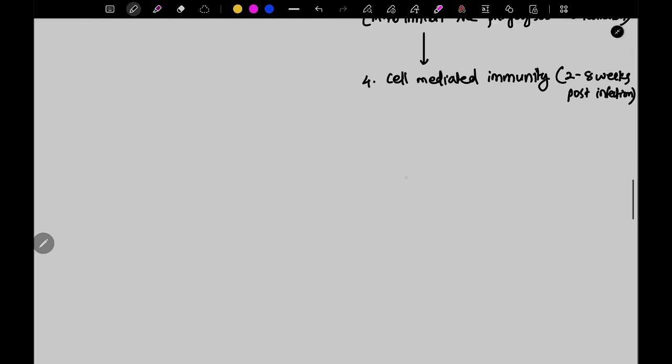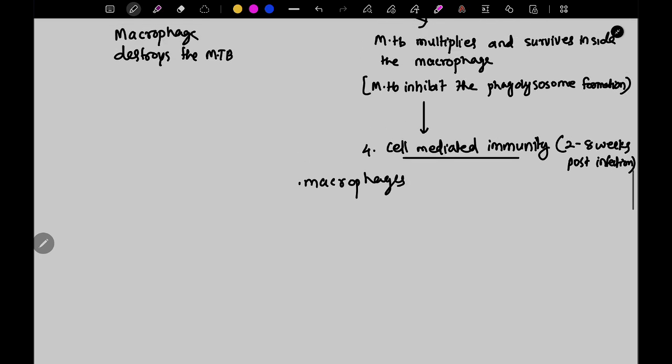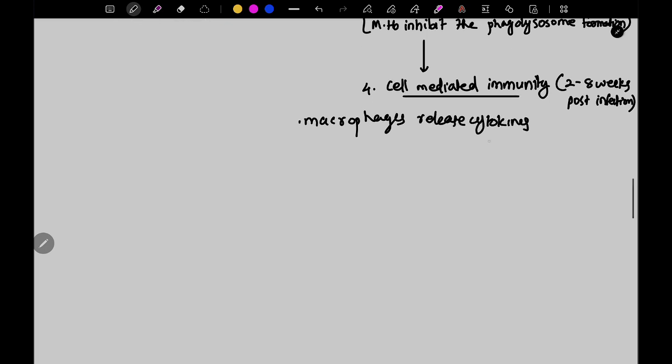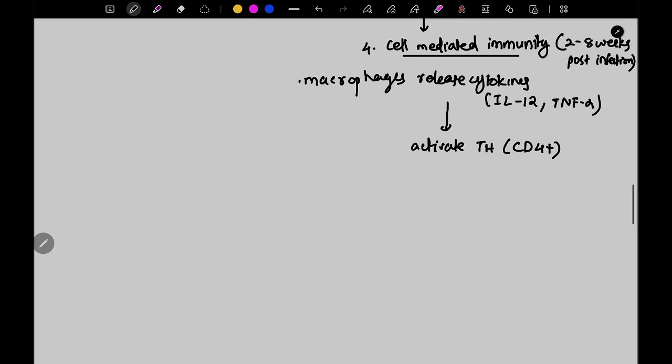So what is the cell-mediated immunity which develops 2 to 8 weeks after? These macrophages, in which the Mycobacterium tuberculosis multiplies, release cytokines: interleukin 12 and TNF alpha, and these activate the T helper cells by binding to CD4 plus.